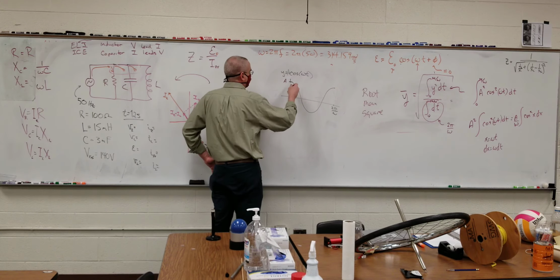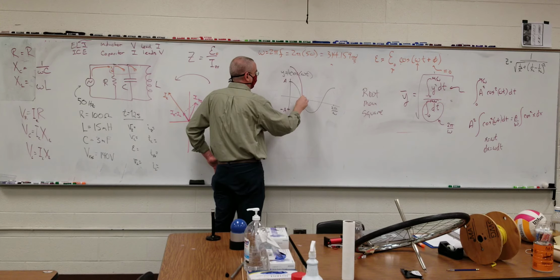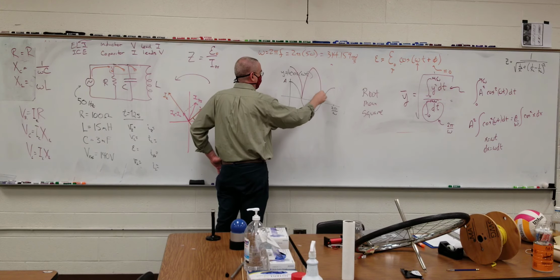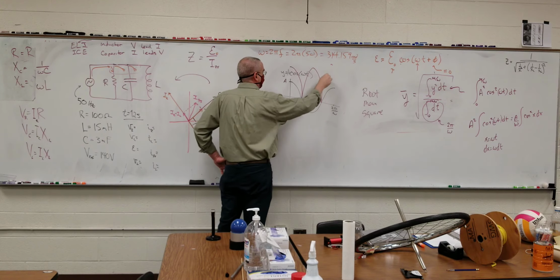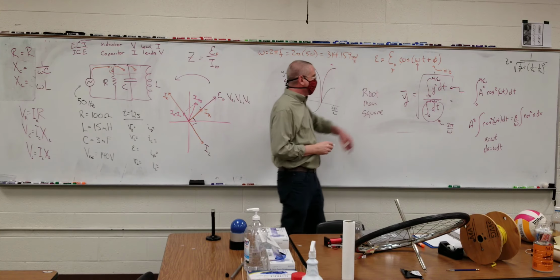So in essence, we're squaring this, and then we'll find the average of that, and then we'll do the square root. All right, so the integral of cosine squared.